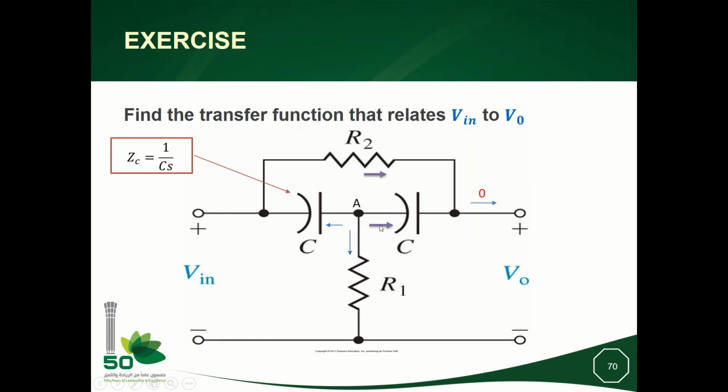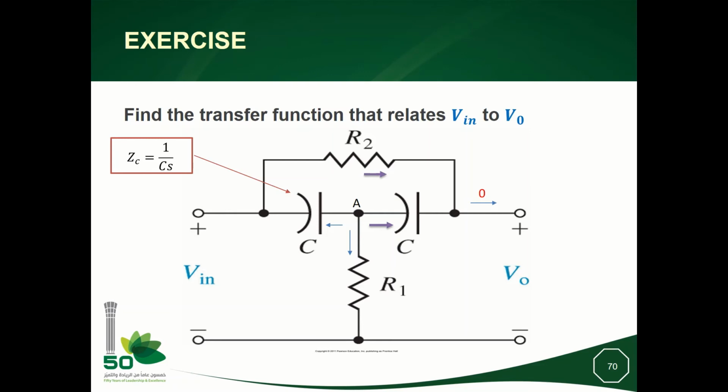At the same time, it is equal to the minus of this current, and the minus of this current is V0 minus Va divided by the impedance of this capacitor. With these two equations, we can eliminate Va and form one equation dependent only on V0 and Vn.